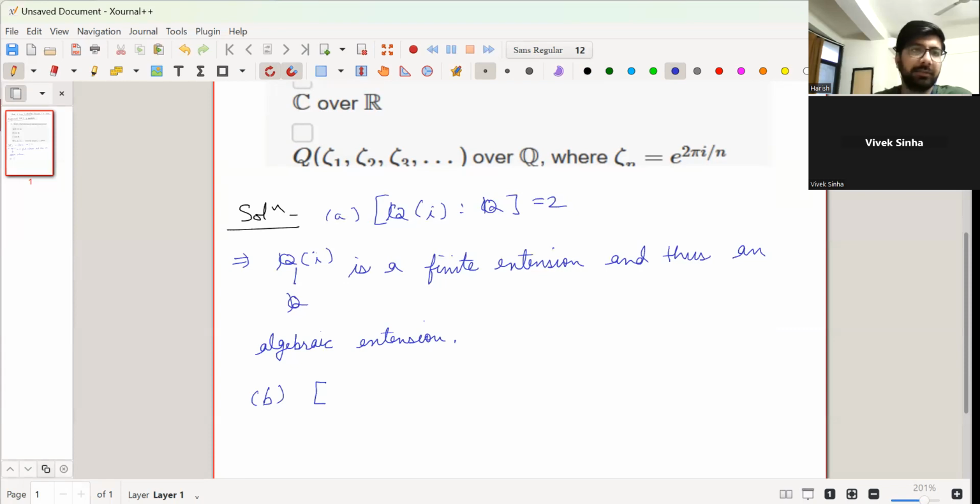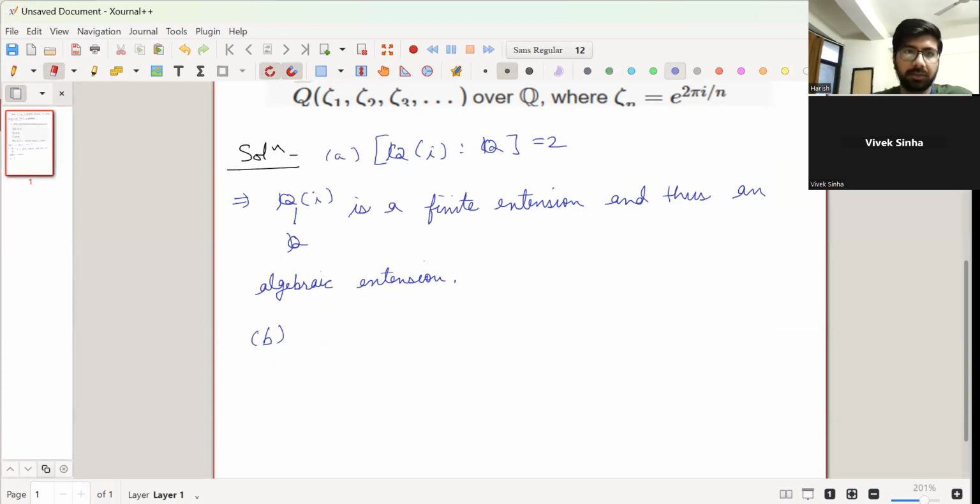Why? What's the problem? R over Q is not a finite extension, but an infinite extension can also be algebraic.